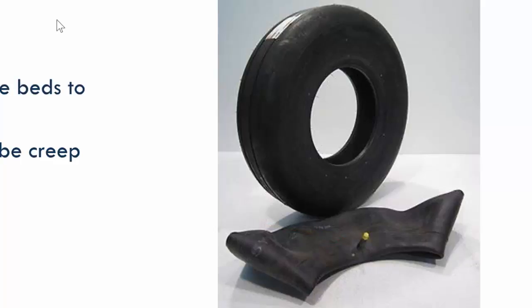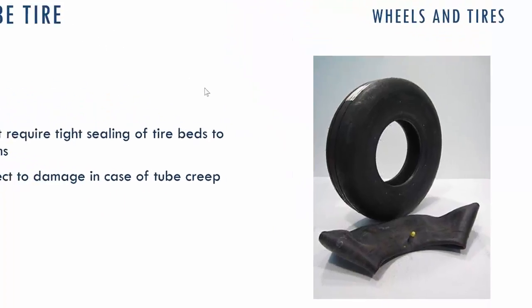Because if the tire is not inflated properly, with low pressure, and on intensive braking the tire could creep on the hub, and in this case, if you have a tube tire, it will bring rapid loss of pressure. The inflation valve will be torn off, and it could bring an accident.